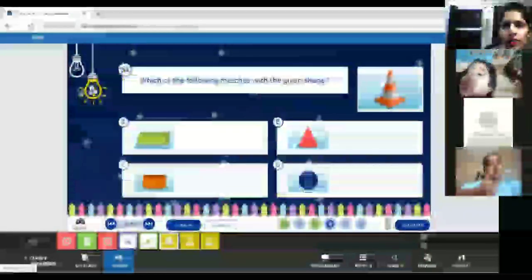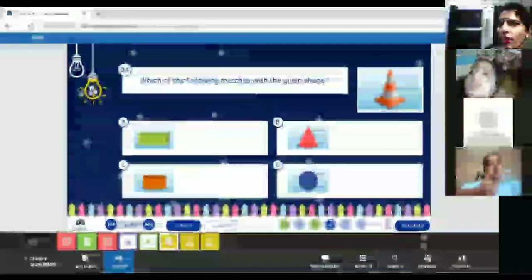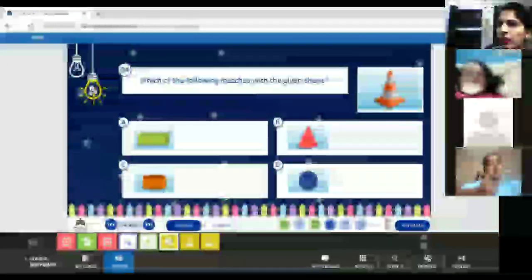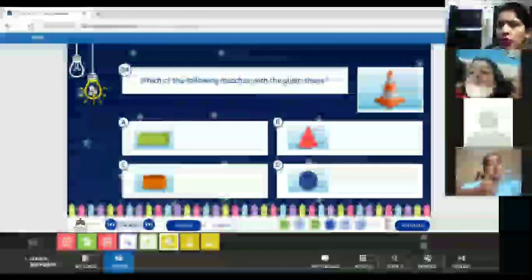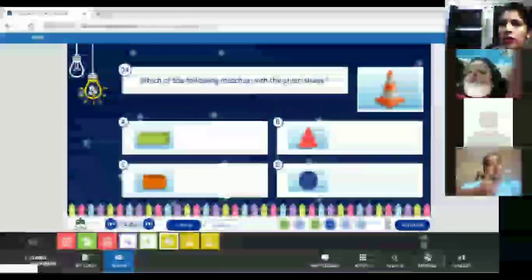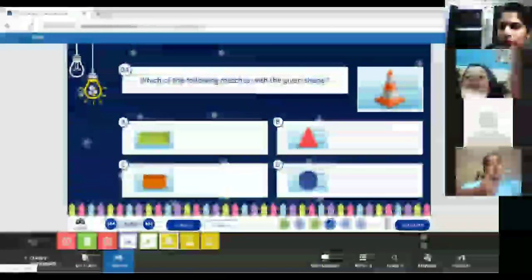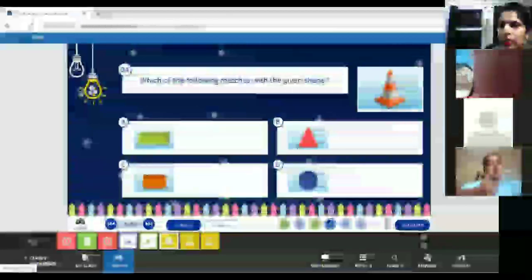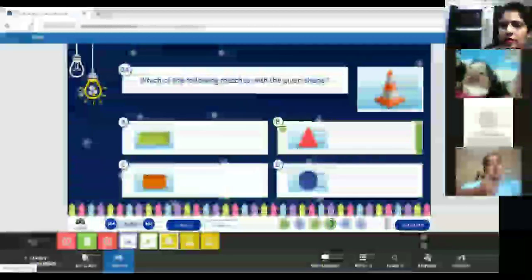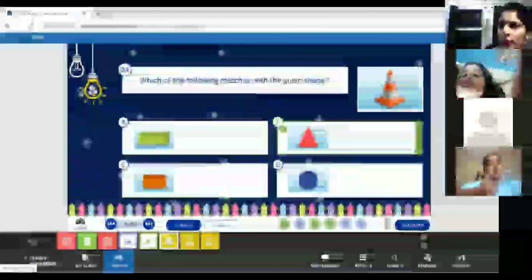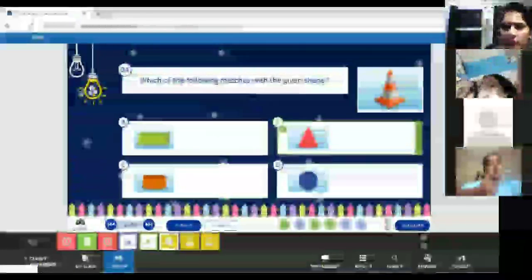The next question, which of the following matches with the given shape? Here, the shape is given to you and you have to match it with the given shapes. And the solution is B. Okay, this shape matches with the given shape.